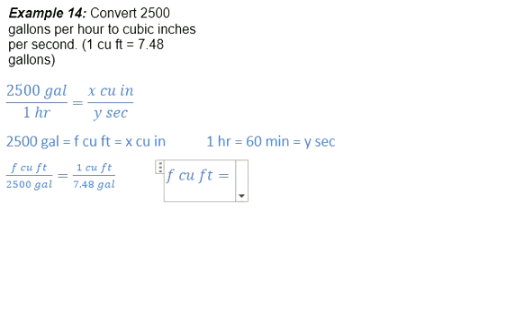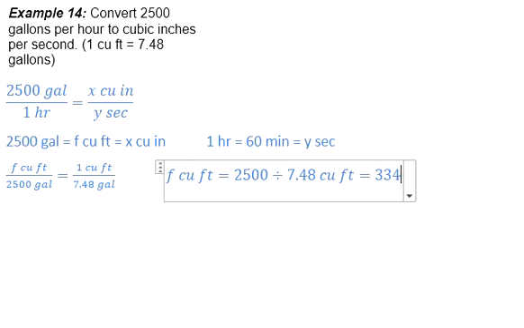On the right side, just my gallons are going to cancel out. So I have 1 times 2,500, and then I'm going to divide that by 7.48 to get the number of cubic feet. So when I do that, I get 334.2246 cubic feet.